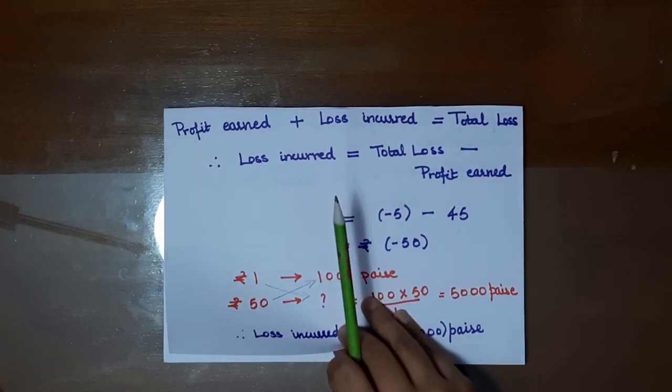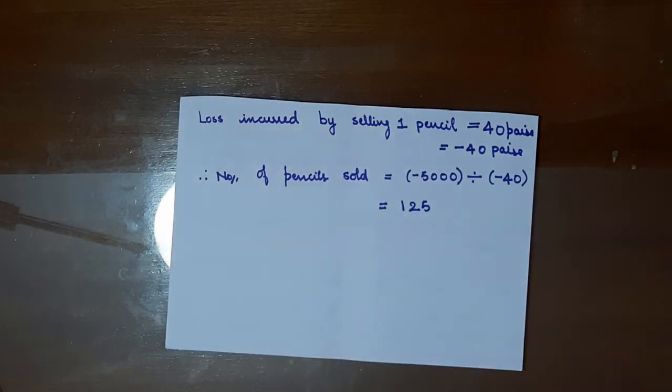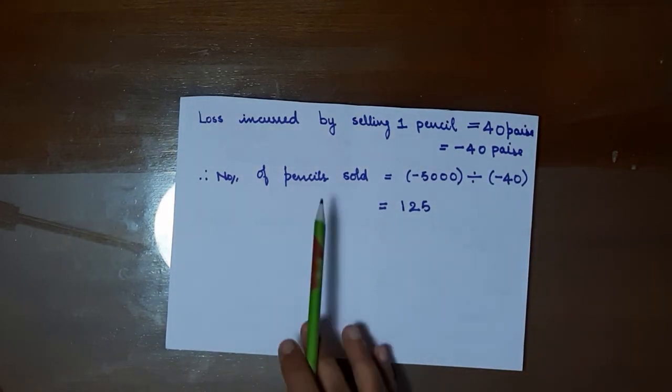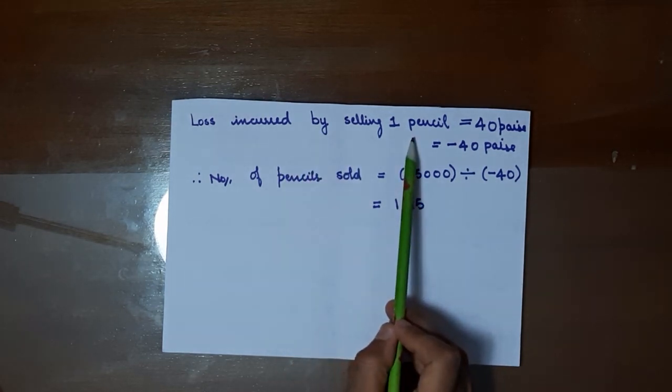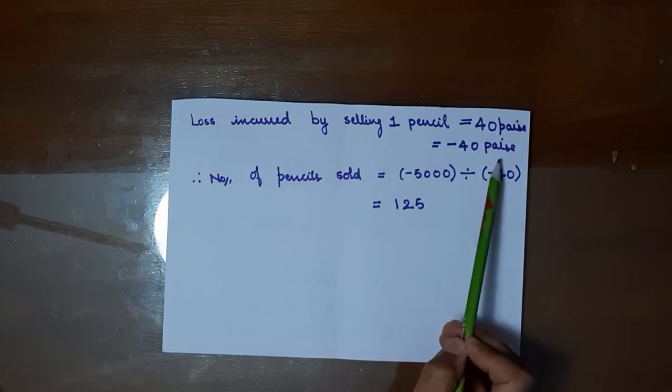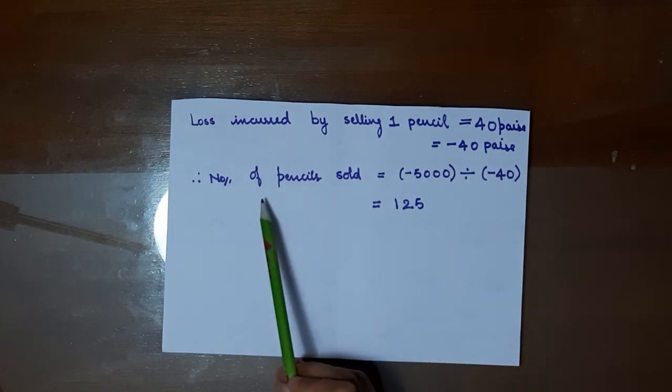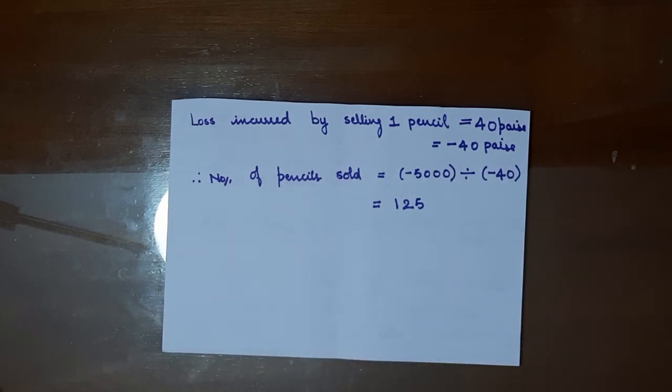The question asks, how many pencils did she sell in this period? So we got to know that loss incurred is minus 5000 paise. Loss incurred by selling one pencil, we know that it's minus 40 paise. So how many pencils should she sell to incur 5000 paise loss?